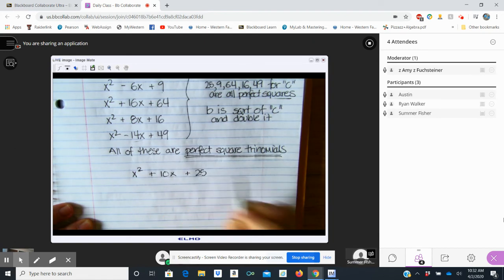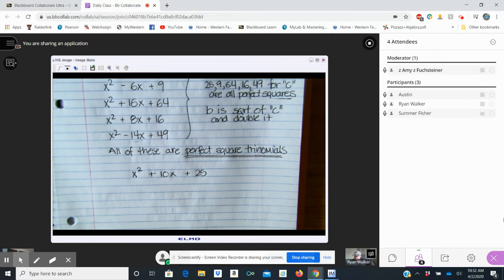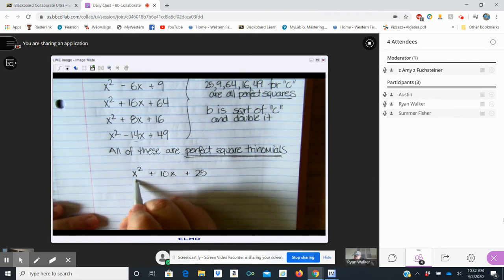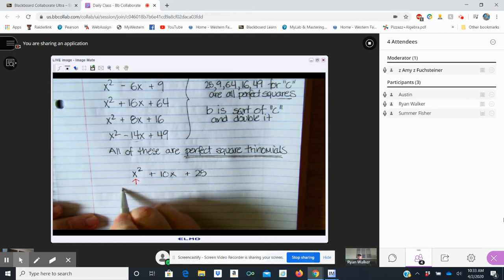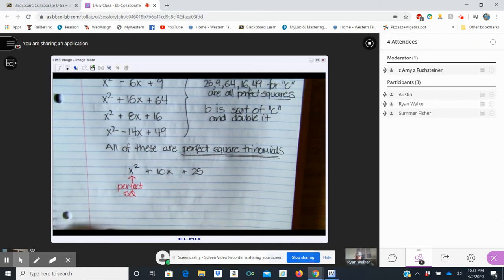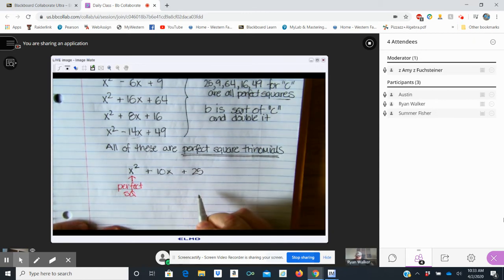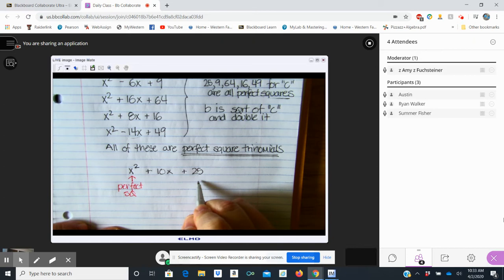These are recognizable because this first term will be a perfect square. The last term will be another perfect square.